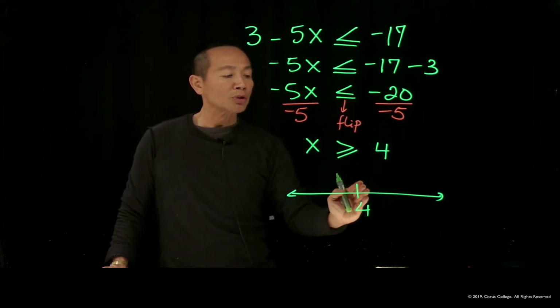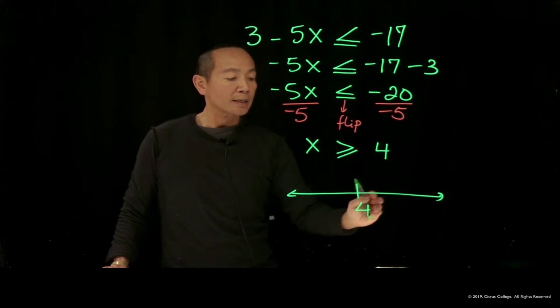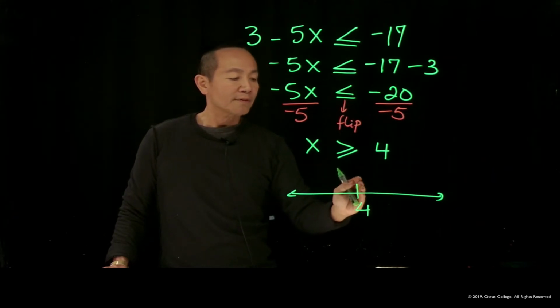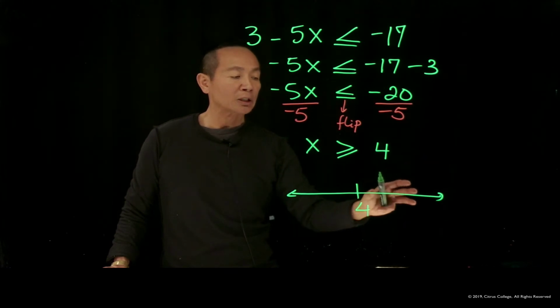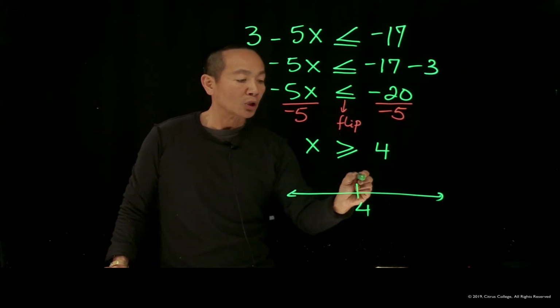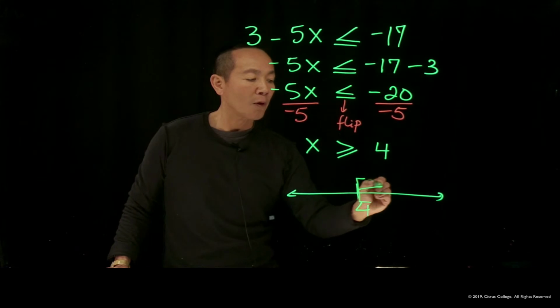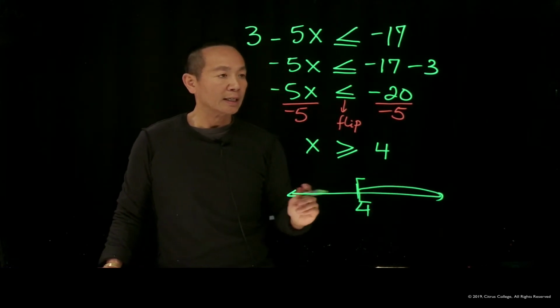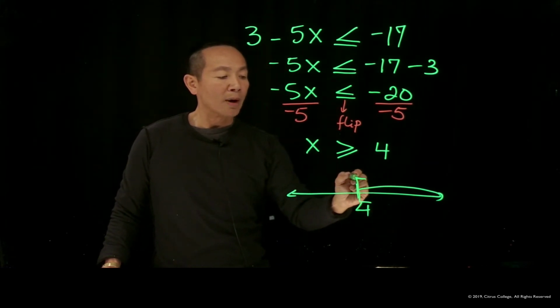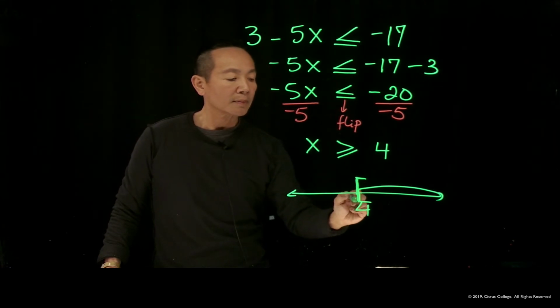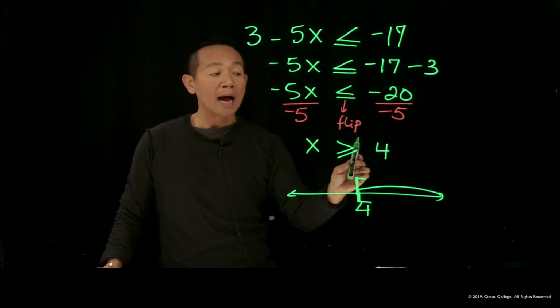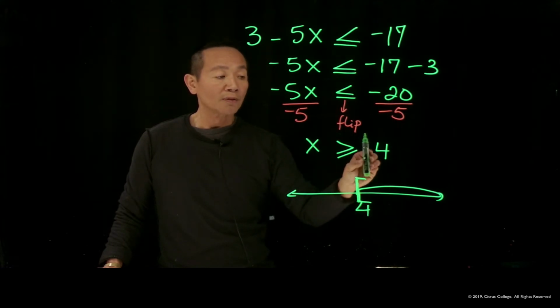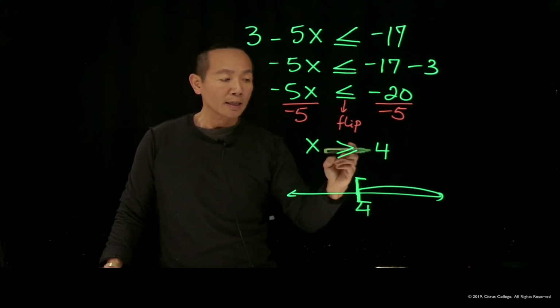So if you go to the right of the number line, you have 5, 6, 7, 8, including some fraction or decimal. So you shade from 4 to infinity. And you see I use the bracket on top of 4 because I want to let people know that I would like to include 4 in the shading due to this equal sign right here.